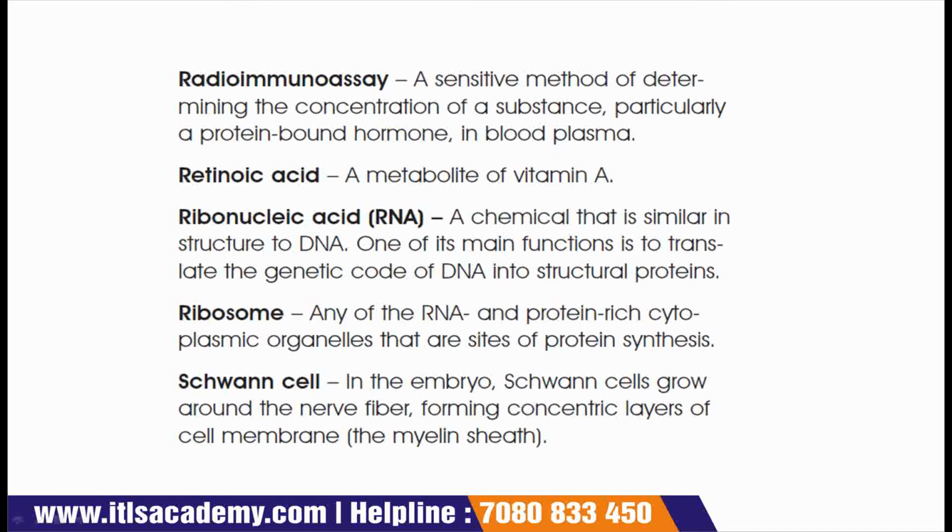Next one is RNA or ribonucleic acid. This RNA is a chemical that is similar in structure to DNA, except that RNA is single-stranded while DNA is a double-stranded molecule. One of its main functions is to translate the genetic code of DNA into structural protein.